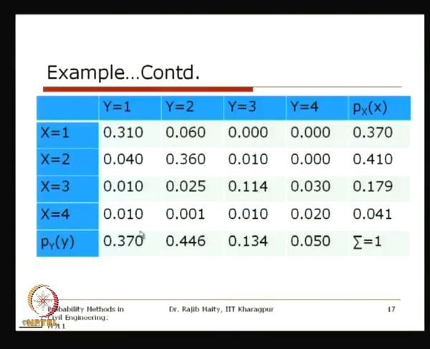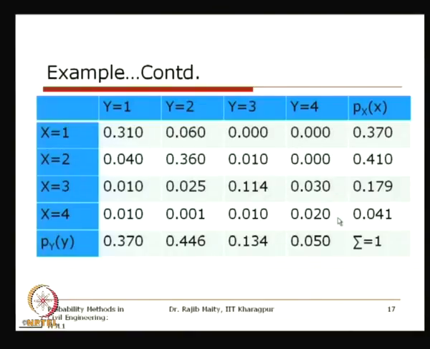Now, as a quick check, for this 4 by 4 matrix with the different possible values of x and y, if we add them all up, the summation should be equal to 1. If we get a summation equal to 1, only then is it a valid PDF.